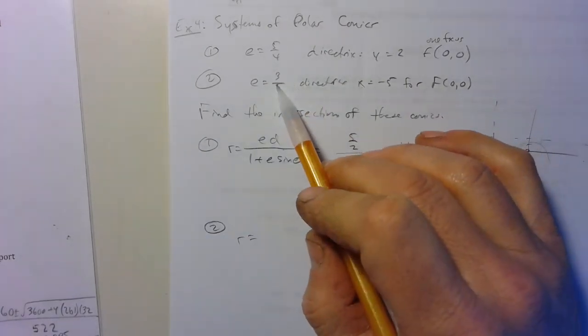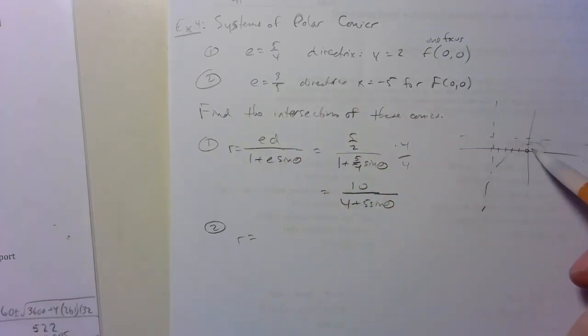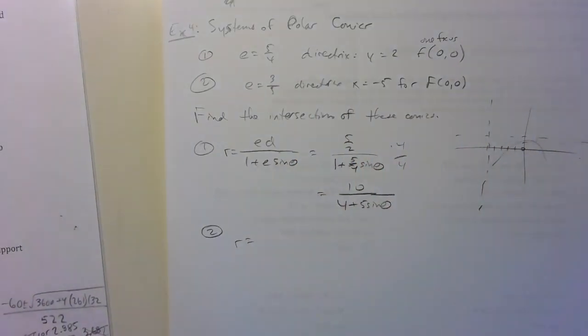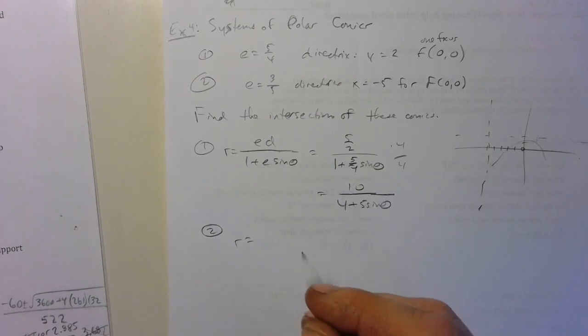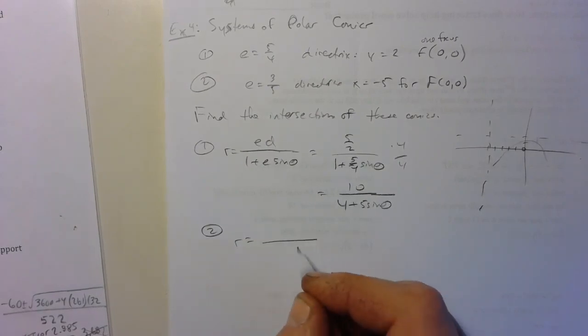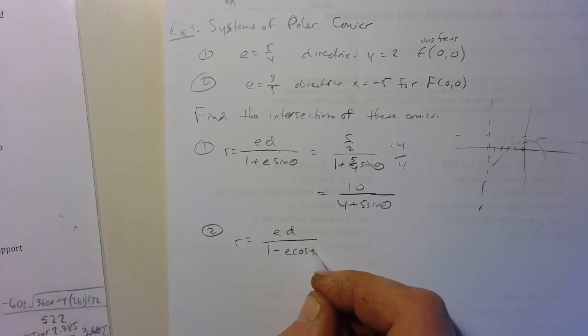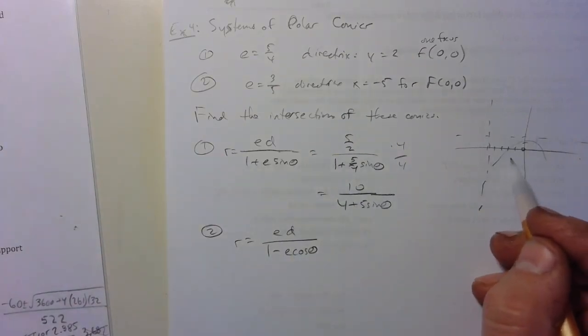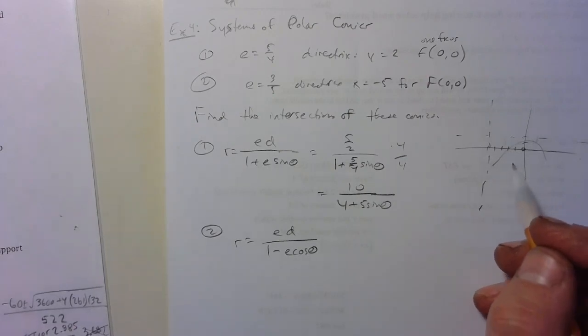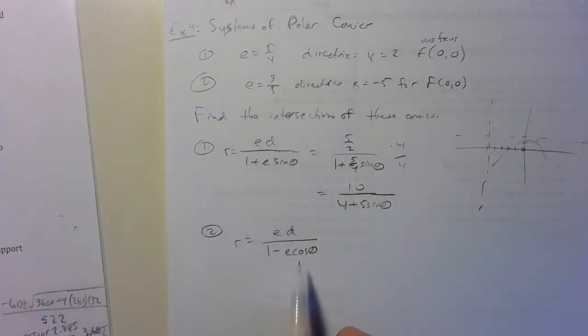It's going to be an ellipse, and it's going this way. So that was our r equals ed over 1 minus e cosine theta. Cosine, because this distance is our horizontal distance, and that uses cosine, and because it's to the left, it's going to be minus.